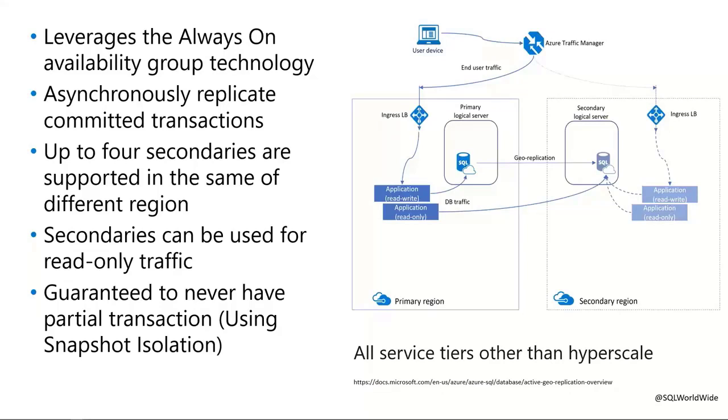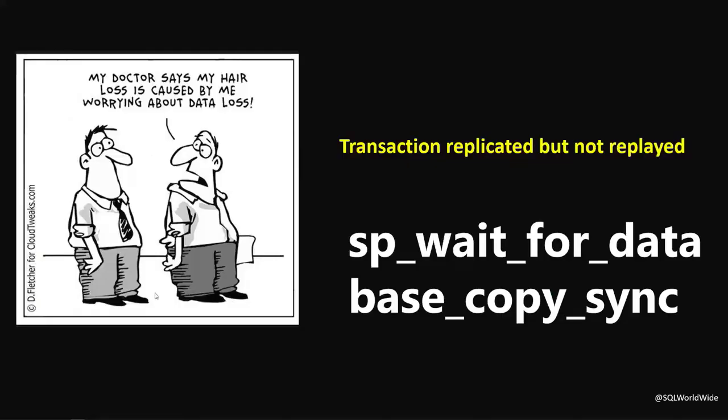For that, you have a solution. I'm not going to go into details because we don't have much time, but you can use this stored procedure, sp_wait_for_database_copy_sync, within your transaction. That will guarantee that before the caller gets an acknowledgement, it will be hardened on the secondary.